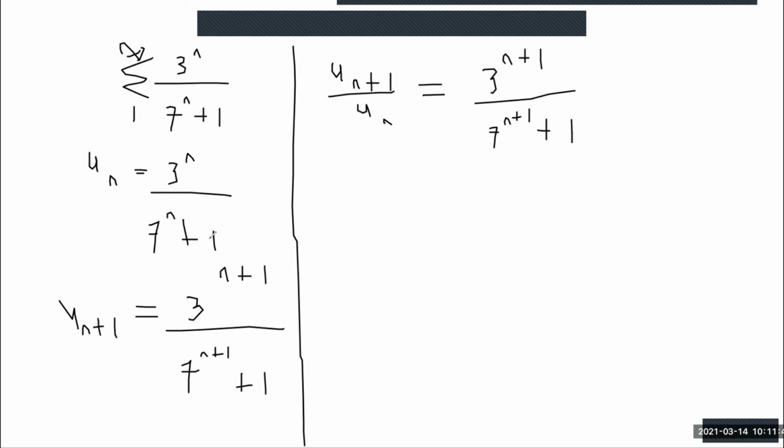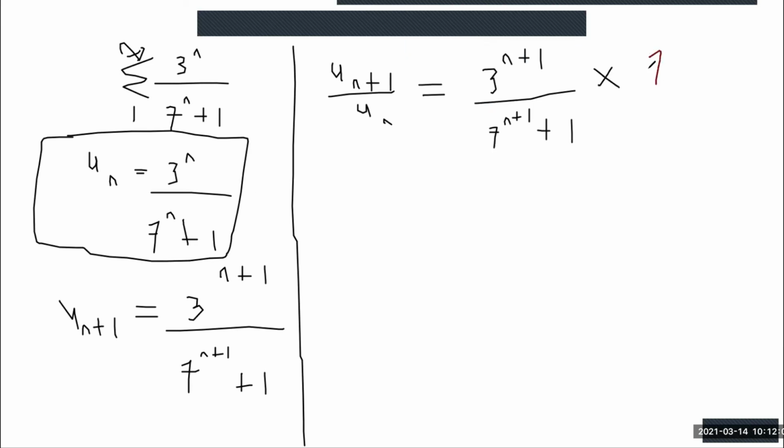When you're dividing, instead of writing out this divide, I'm just going to write multiplied by the reciprocal, 7 to the n plus 1 over 3 to the n. That's what we have.